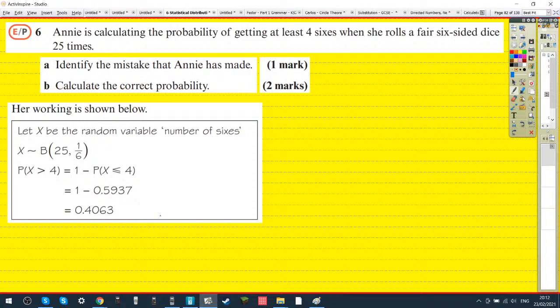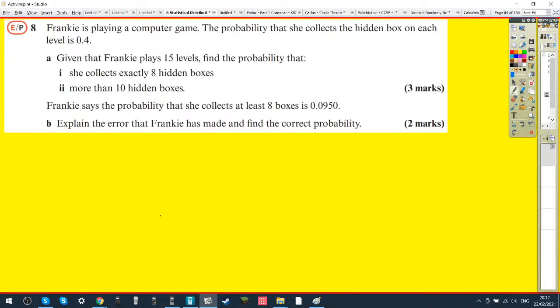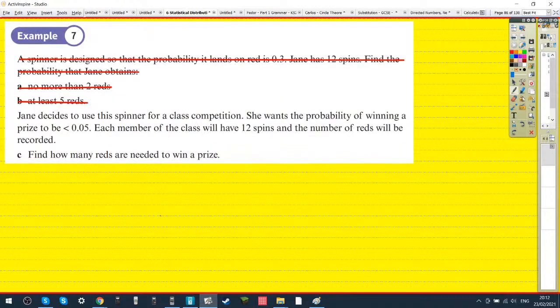Let me see this. I'm going to leave that one out. Let's see this. Frankie's playing a computer game. Frankie says the probability she collects at least 8 boxes is... No, silly. Let's see this one.